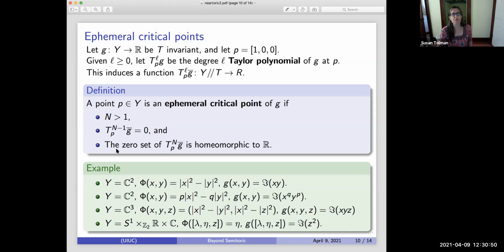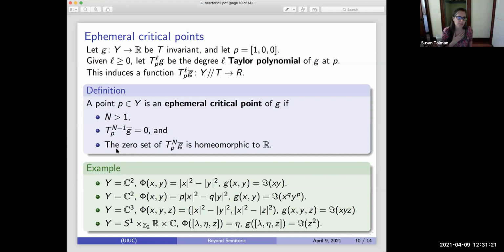We want a map from R2 to R whose kernel is homeomorphic to R. An example of this would be the map from R2 to R that sends (x, y) to x. Its kernel is homeomorphic to R, and it's regular. So somehow what we're saying is we want these to look like regular functions on the reduced space. That's what this definition is meant to insist on.